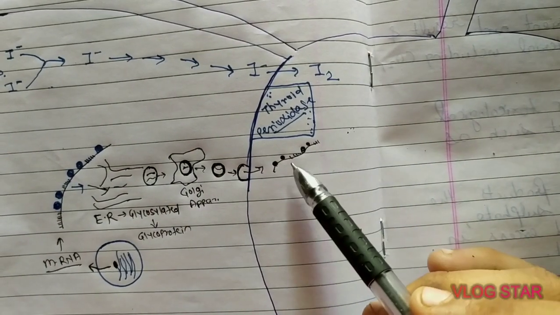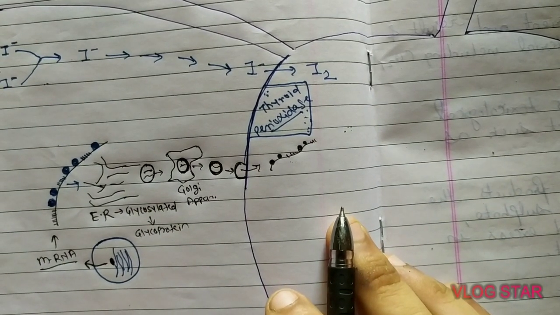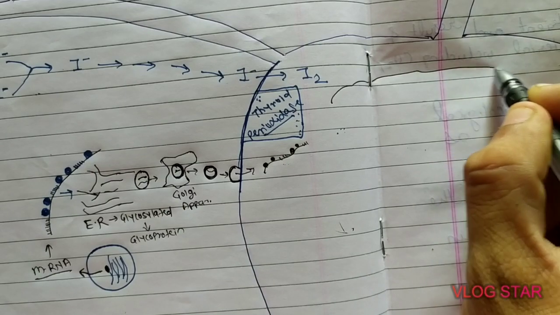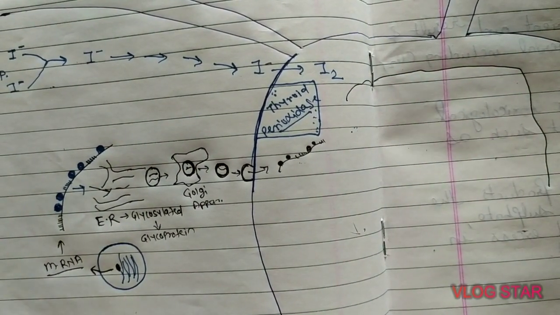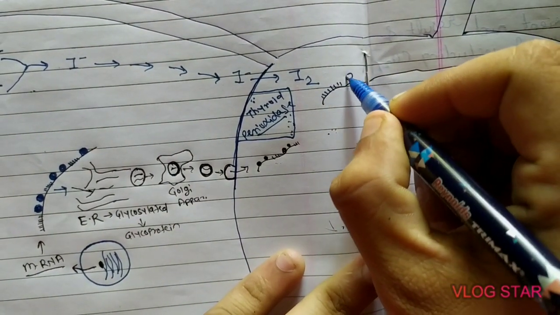Here there is iodine, here there is a thyroglobulin molecule. I will draw this big thyroglobulin molecule here. These are a number of sequences of amino acids.